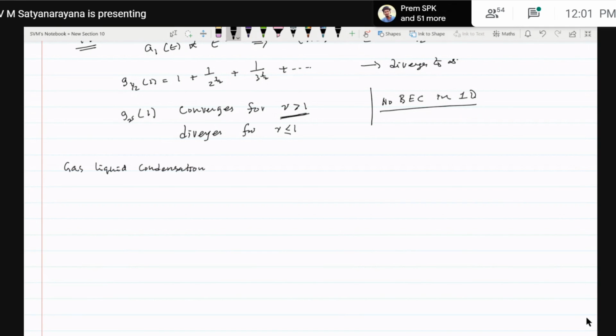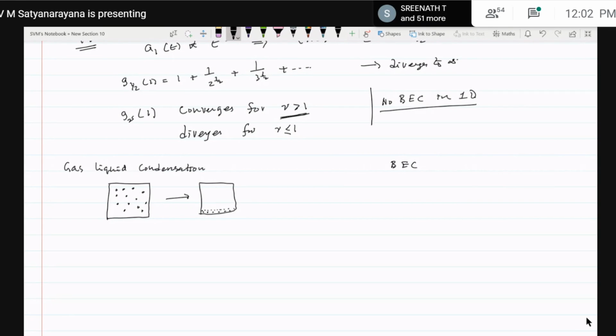So what I'm trying to say is that if you have some kind of a volume, then the gas molecules are there everywhere, occupying the entire volume. And when the condensation takes place, all these molecules will be somewhere at the bottom.